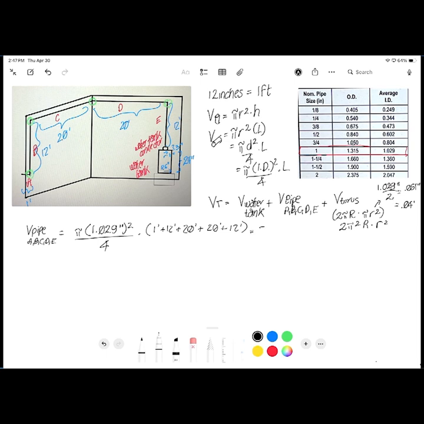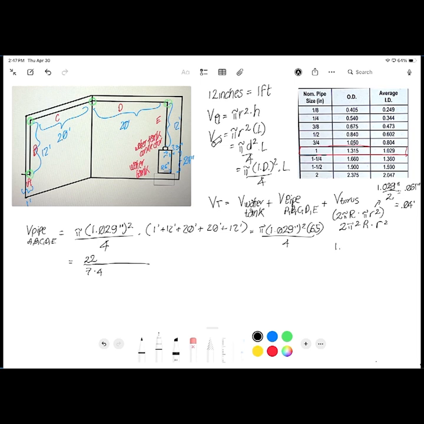And that's equal to pi times 1.029 inches squared times 65 divided by 4. And this is all equal to 22 over 7 times 4.